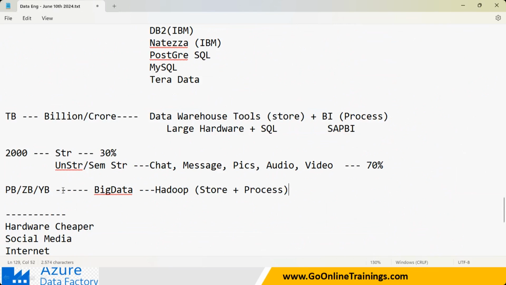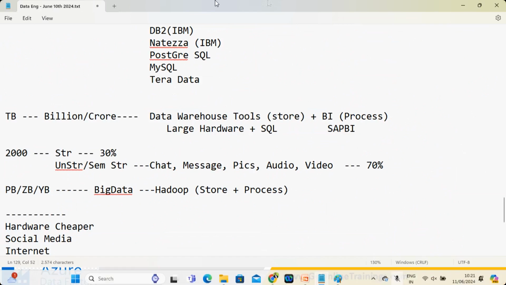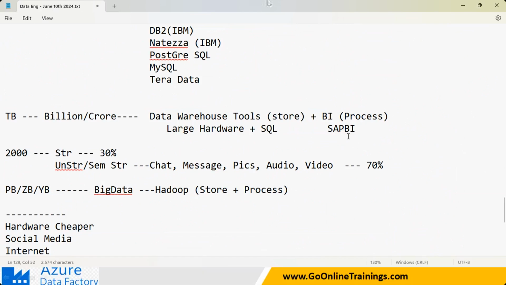But if I have billions and trillions of data, normal data processing cannot happen. However, you were doing this earlier with data warehousing and BI tools, right? So now people started using Hadoop, which was released in the market in 2006 or early 2007.